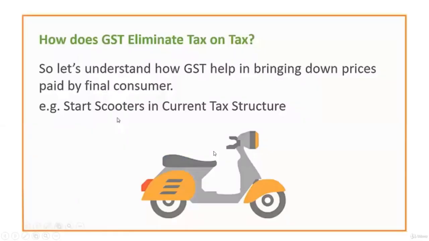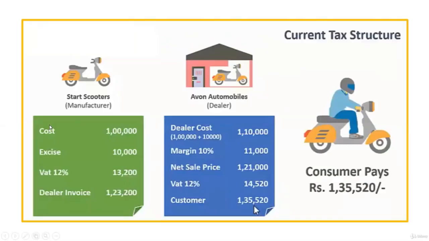Now, let's take an example: how does GST eliminate the tax on tax? Let's understand with the help of an example of Start Scooters. Start Scooters manufactures the scooter and the cost here comes to 1 lakh rupees.